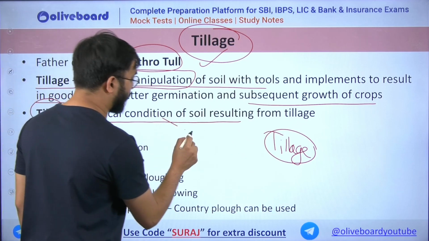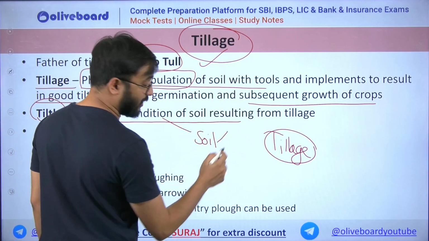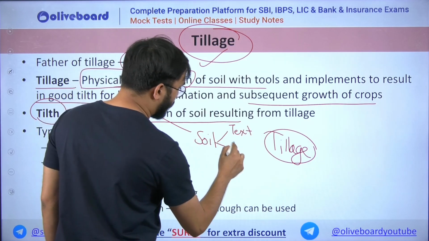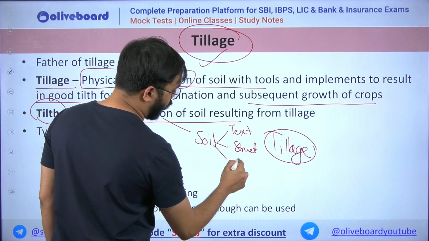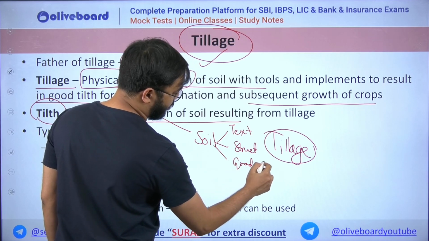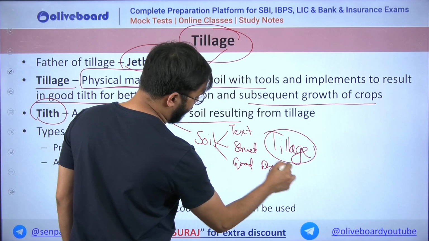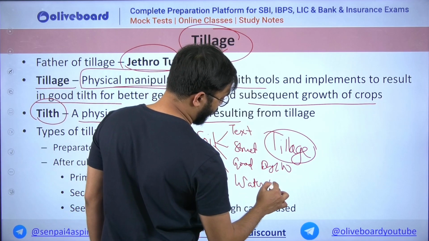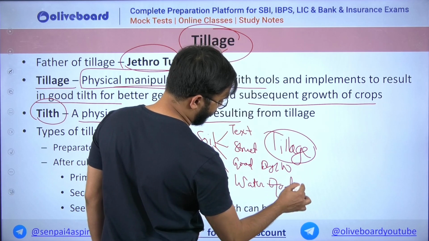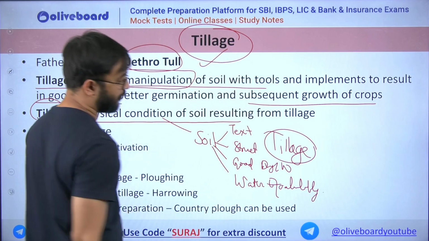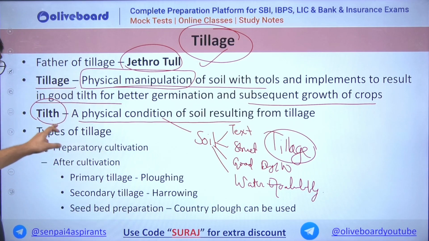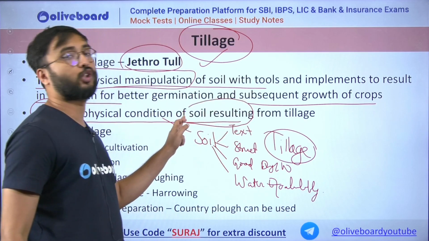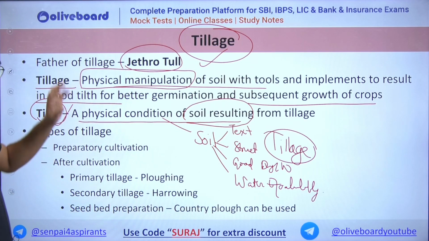So tilth is a soil material having a proper texture of fine soil material, proper structure, good quality of organic material and nutrients, and more importantly also water availability in that soil. Okay, so overall tilth is nothing but a good quality of soil which we get as a result of the physical manipulation of soil, that is tillage.